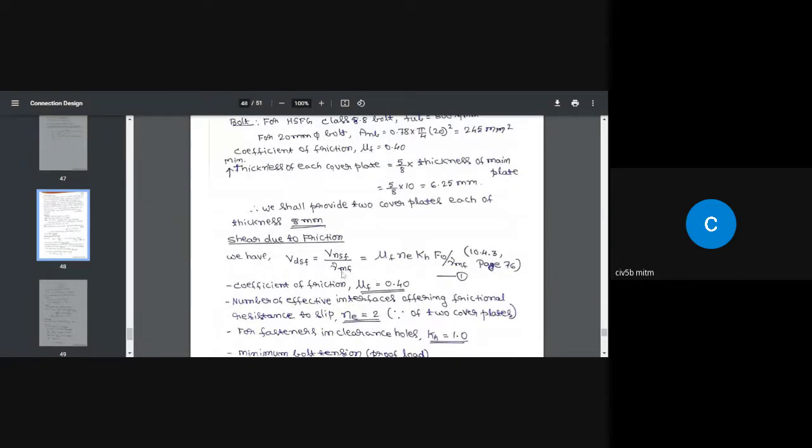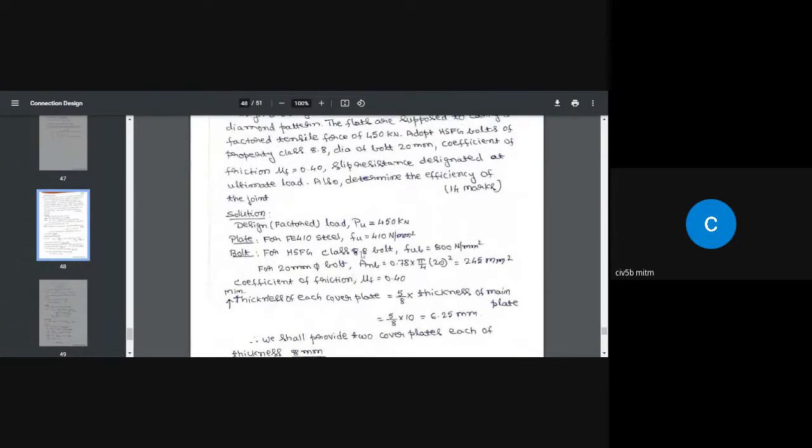If you look here, gamma MF, whether it is 1.10 or 1.25. Again, if you look at the code book on page 76, it says gamma MF equal to 1.10 if slip resistance is designed at service load, and 1.25 if slip resistance is designed at ultimate load.